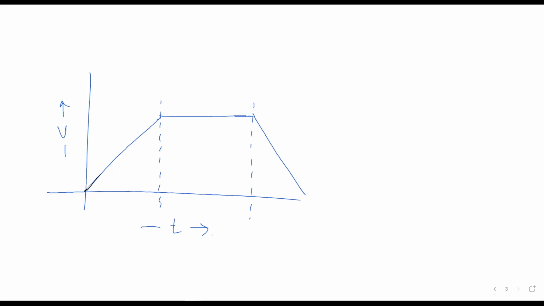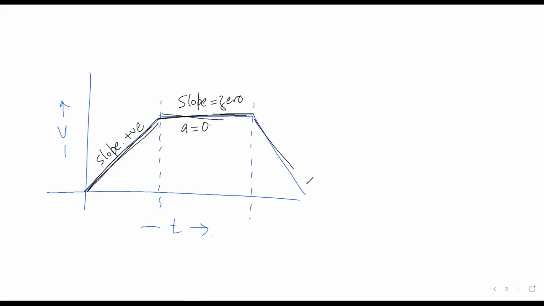See, the slope of this part is positive. When the slope is positive, you'll have acceleration. Here the slope of the line is 0, and that is why the acceleration was 0.